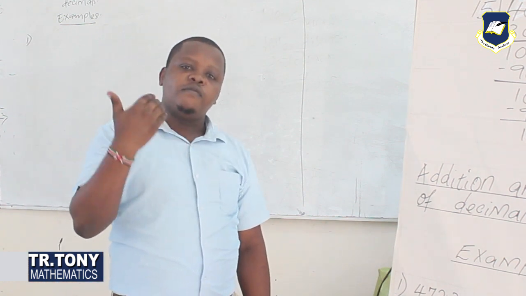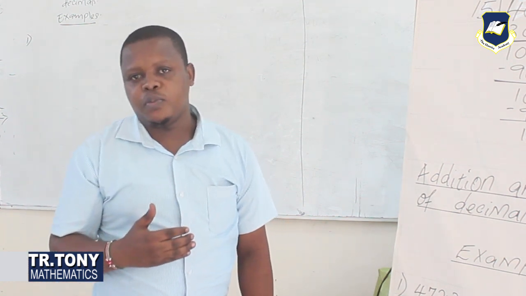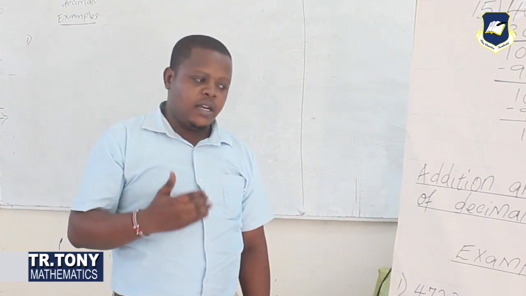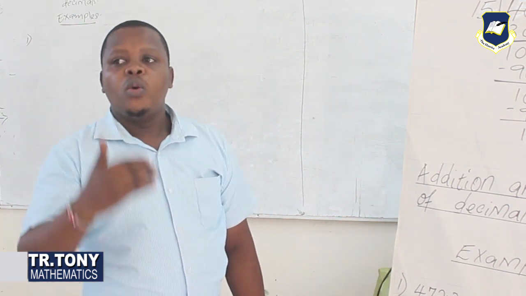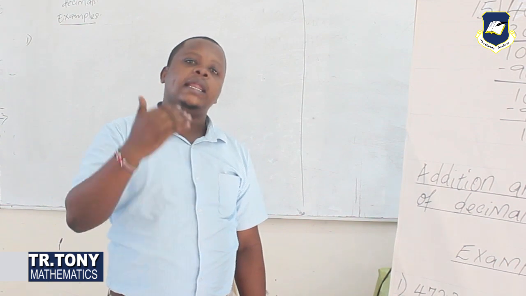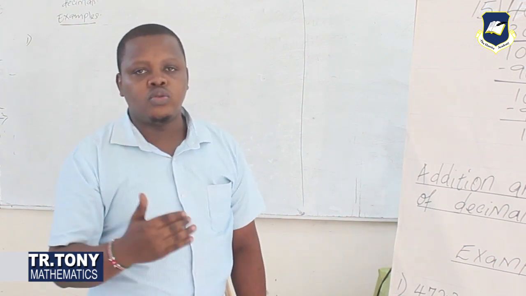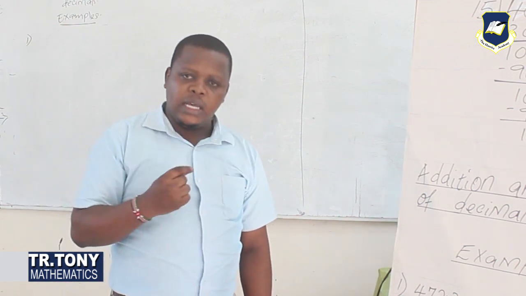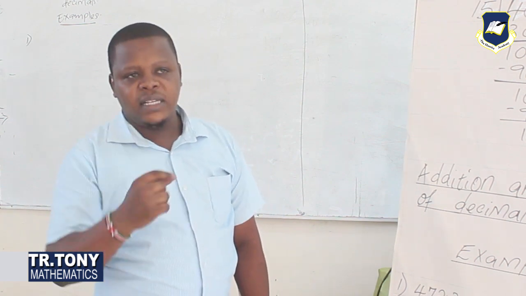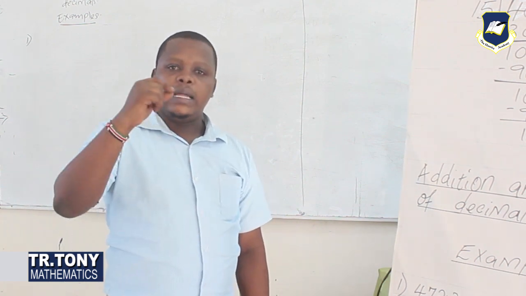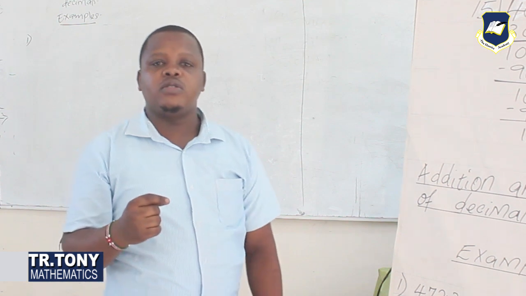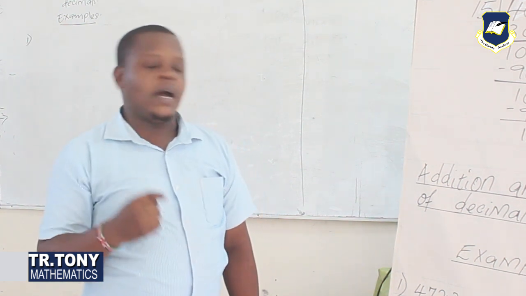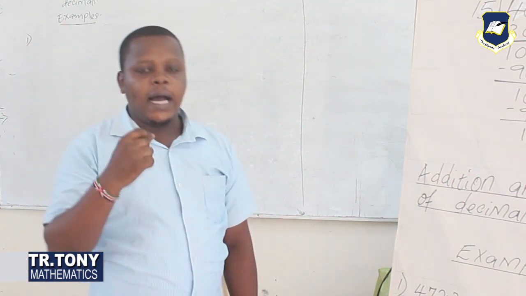So that when it comes to the addition and subtraction of decimals, we are able to align the digits according to their place values. It's only after understanding the place values and aligning the digits according to their place values that we are able to come up with the correct answer.